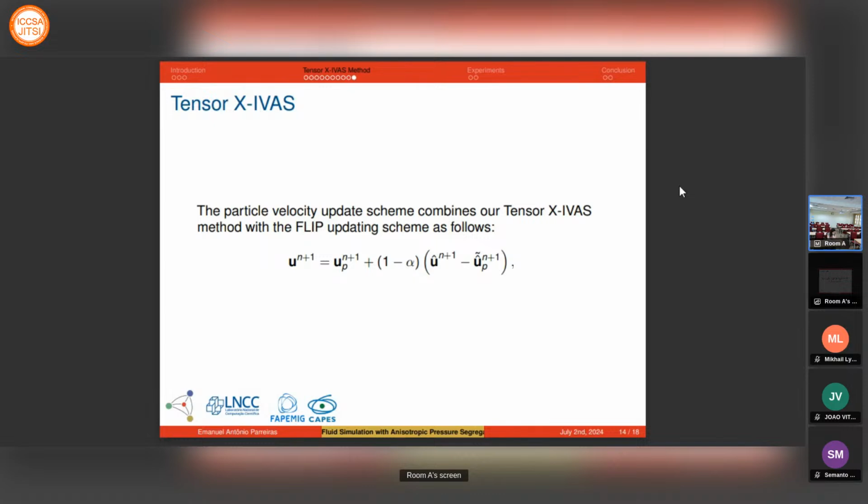It is a better approximation, but it is already too smooth. So we introduce the update as a linear interpolation of the solution of the implicit and the explicit parts of the method.